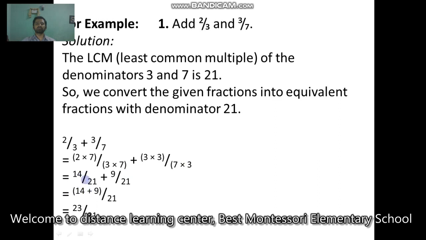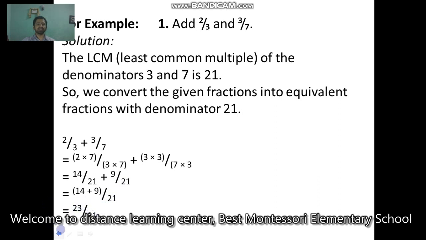Now we get like fractions, 14 by 21 plus 9 by 21. We converted unlike fractions into like fractions first and just add the numerators, copying the denominator. We get the result, 23 by 21.